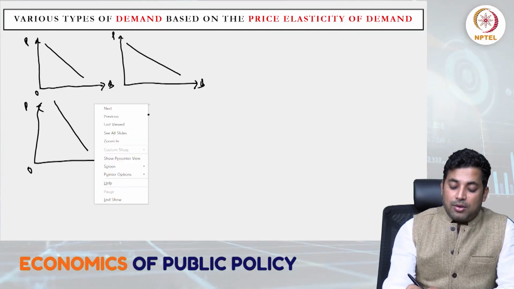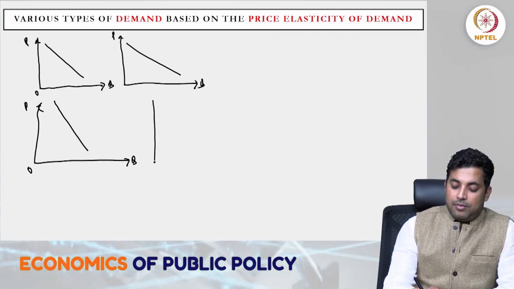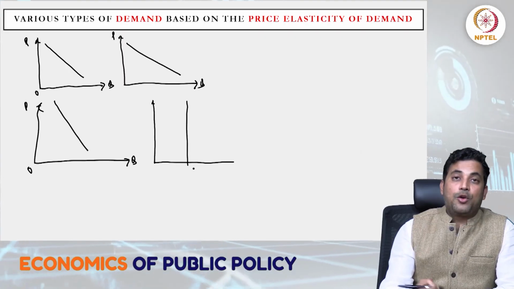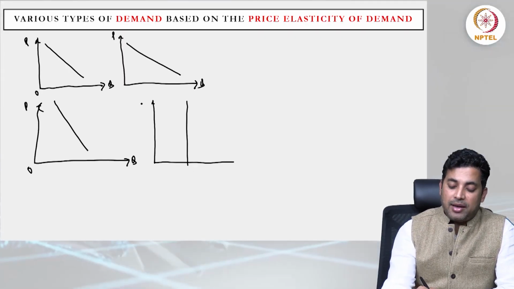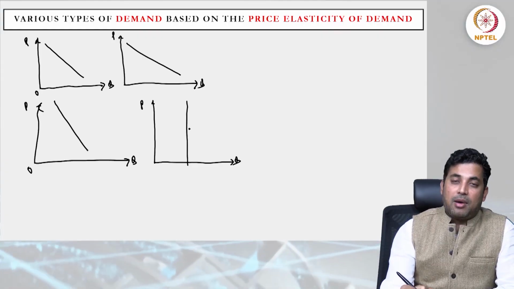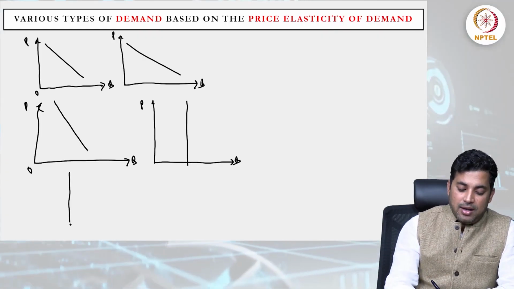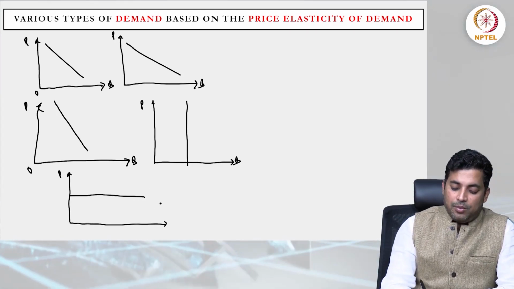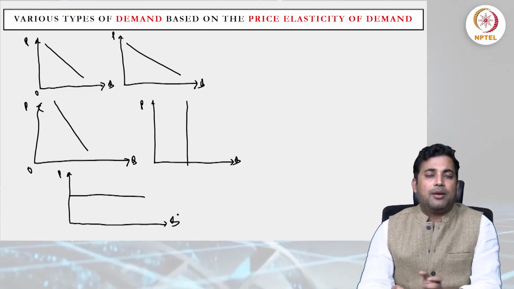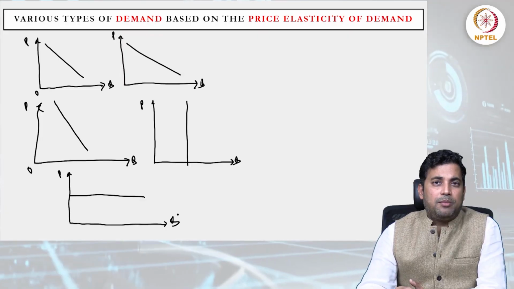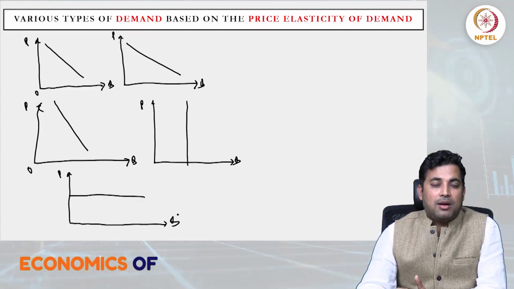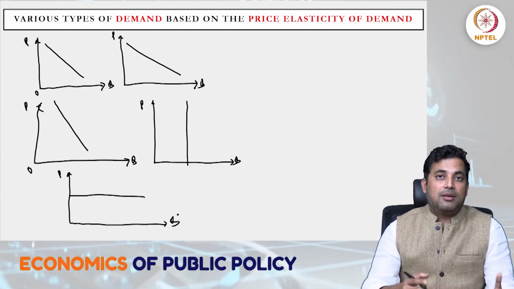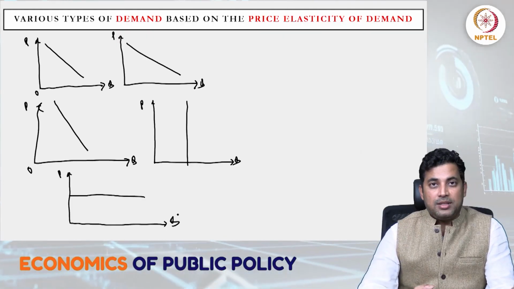In some cases, quantity demanded will not change due to a change in the price, and in that case the demand curve will be a vertical straight line. In some cases the price will be fixed, and then the demand curve will be a horizontal straight line. So there will be various possibilities for the shapes of the demand curve due to price elasticity. So these are the various kinds of demand curves that we can have in the market.